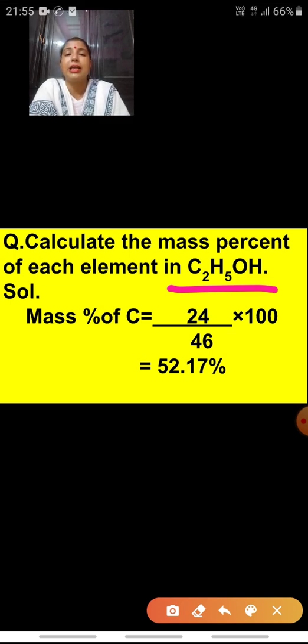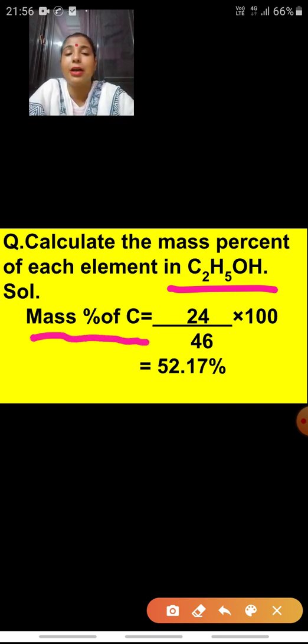Yes, it is ethyl alcohol and the IUPAC name is ethanol. Now, in ethanol, we have to calculate the mass percent of carbon, hydrogen, and oxygen. First of all, we are calculating the mass percent of carbon.